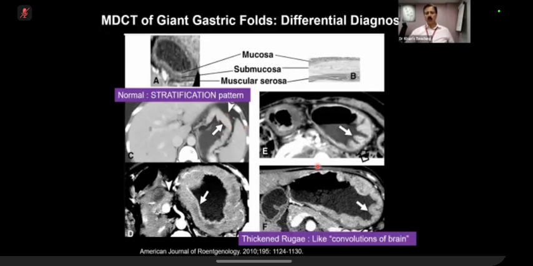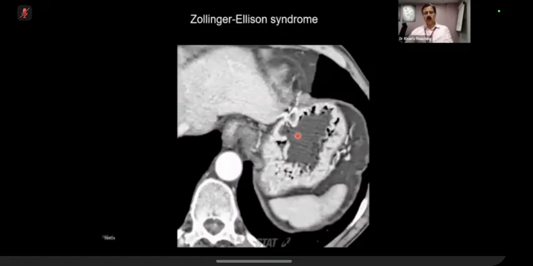But rugi can also be seen like this, thickened mucosal folds. And one of the descriptions given in the book says there are convolutions like gyri of the brain. So this is how the description is. So the idea here was to teach you another differential diagnosis, and that was the differential diagnosis of rugal folds.